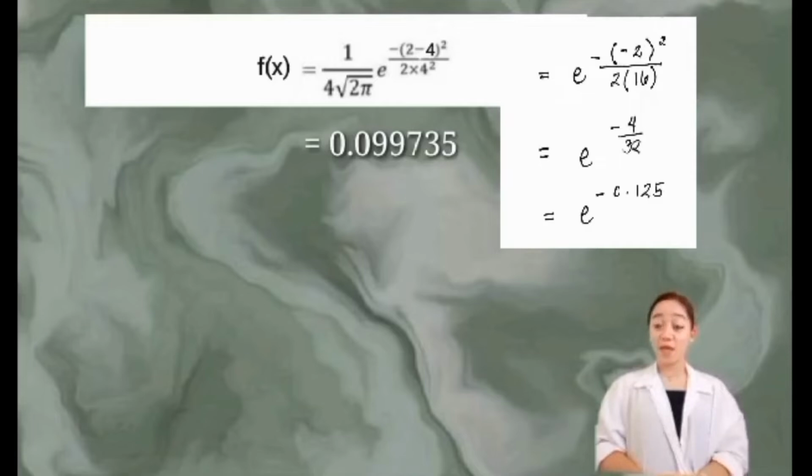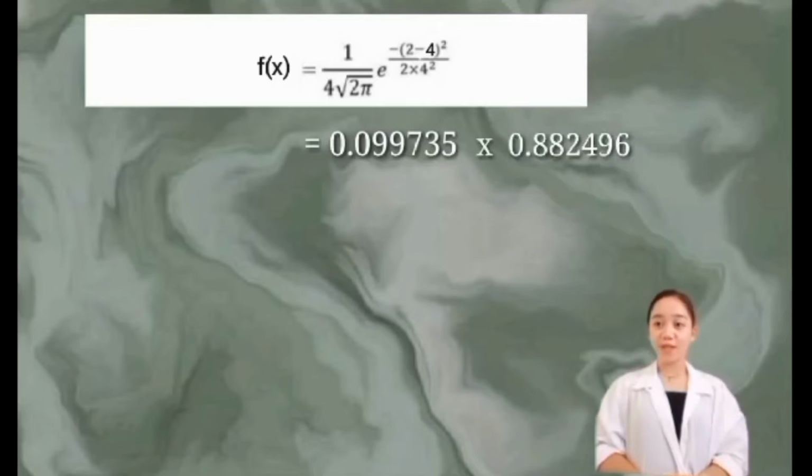And that is equal to 0.882496. And then we will multiply it by 0.099735, which is the outcome of 1 over 4 times the square root of 2 times pi.